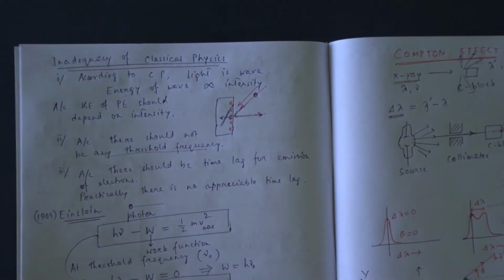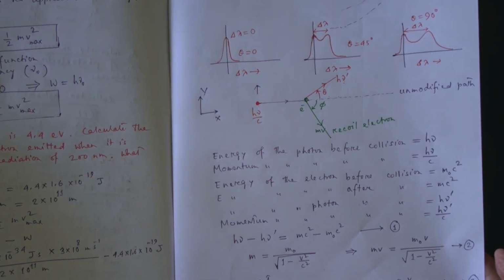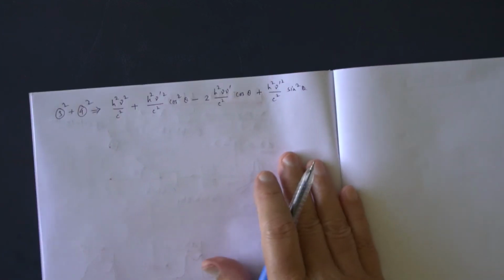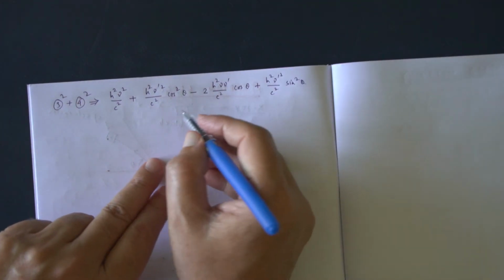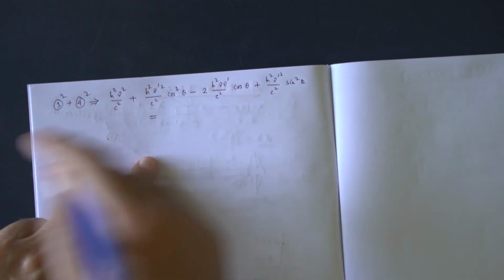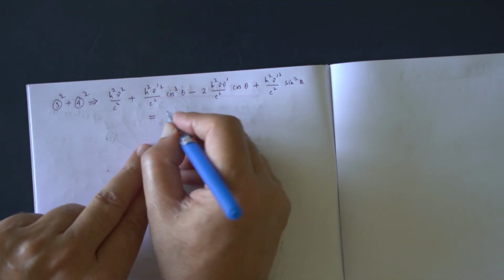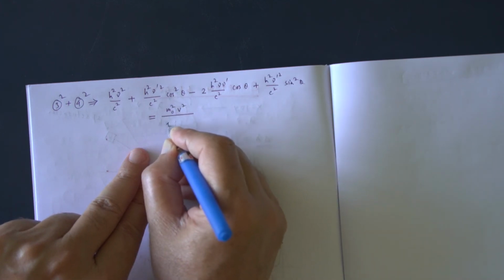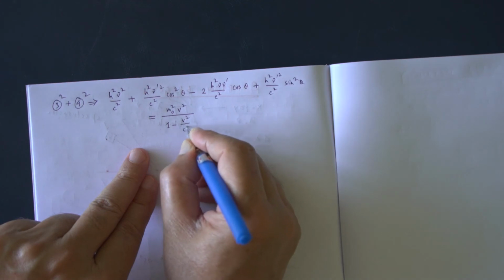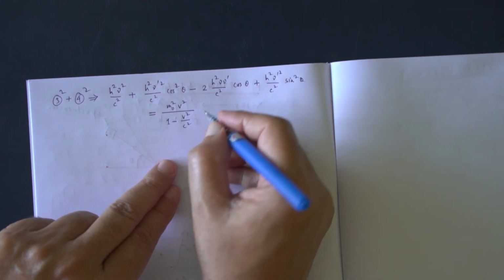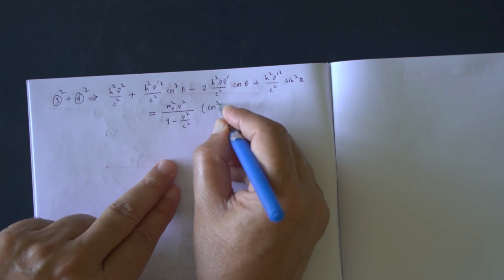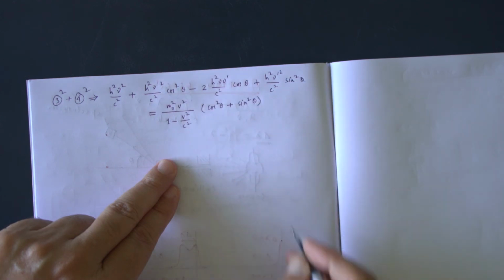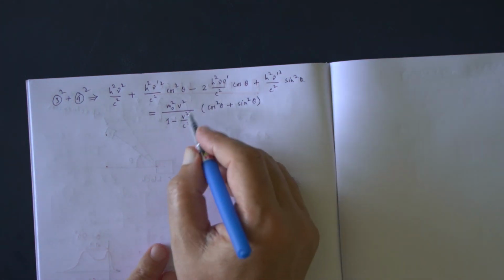This is equal to m naught square v square over 1 minus v square by c square, we are squaring. If we add this, we get cos square theta plus sine square theta. Just simplifying.